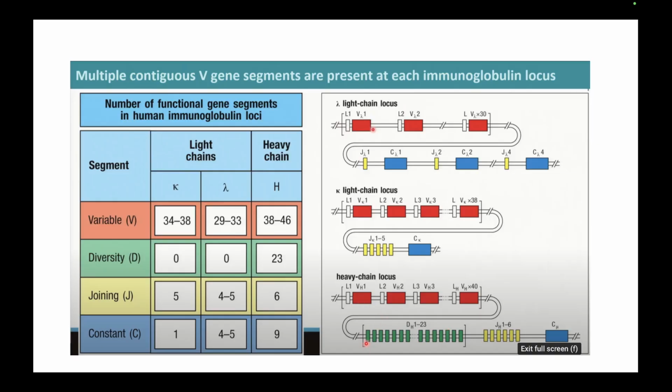If D1 is combining with J2 and that is combining with V1, that is another combination. Again D1 combining with J3 and then V1, that is another. So many combinations can be generated, and that is how the variability arises here.